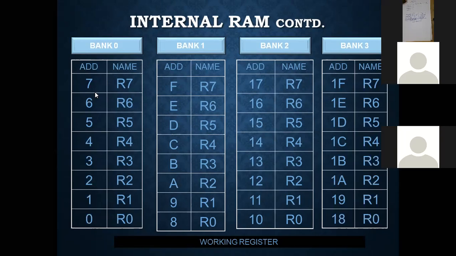Clear? So whenever a restart operation comes to the circuitry, okay, when this kind of restart signal is given to the microcontroller, the contents of all the registers will be reset to 00.